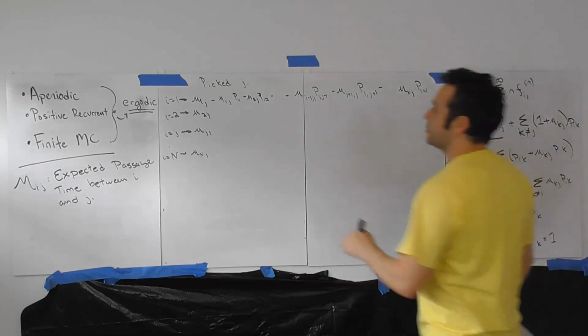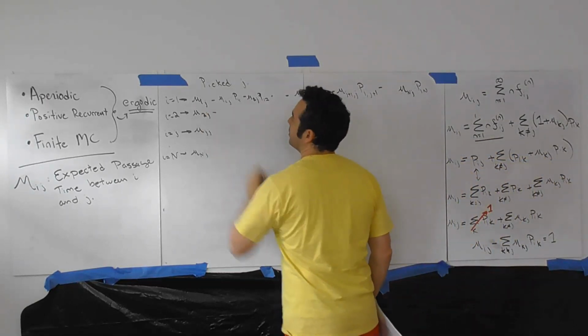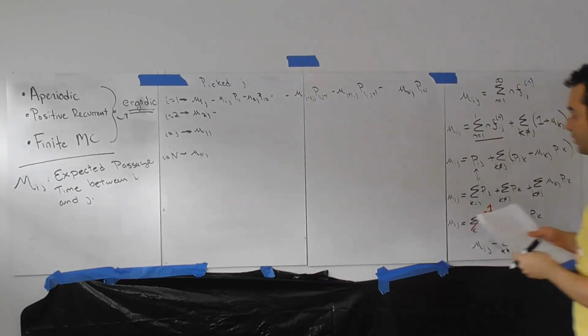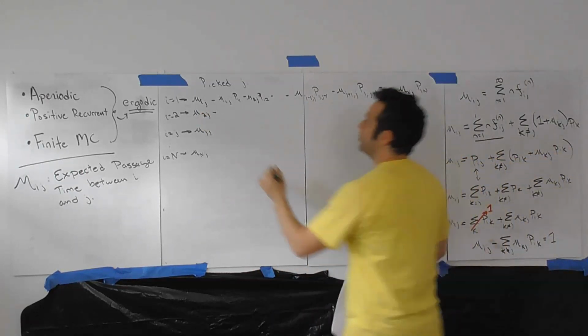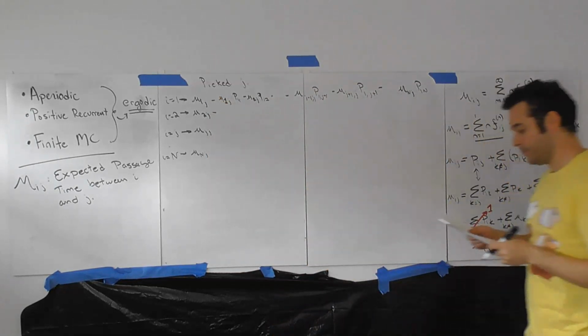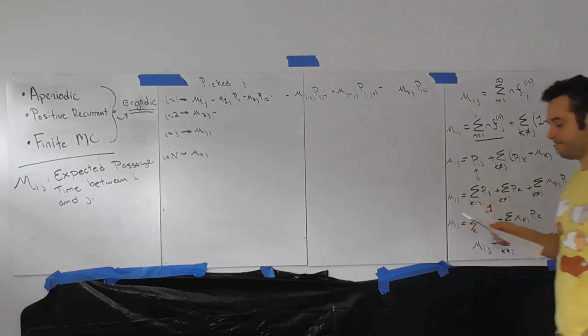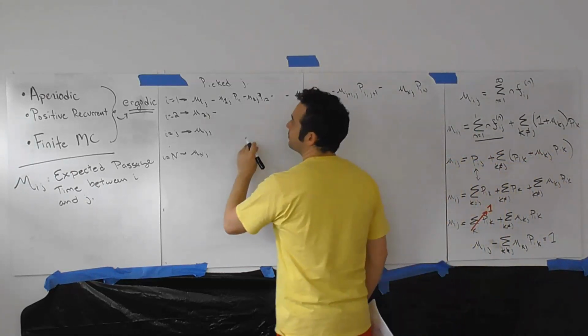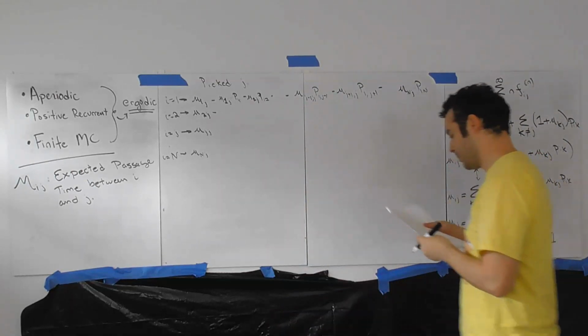So we repeat this for the next line. Oh, in fact, I should have put a 1 here. Okay. All right.